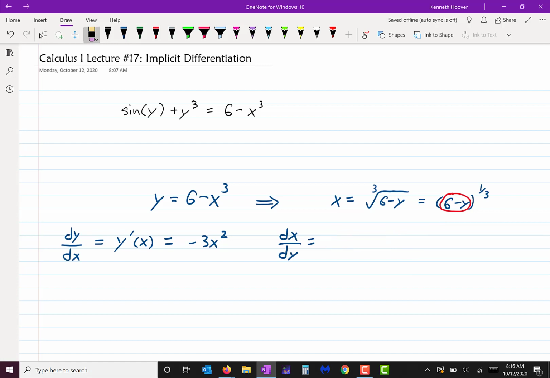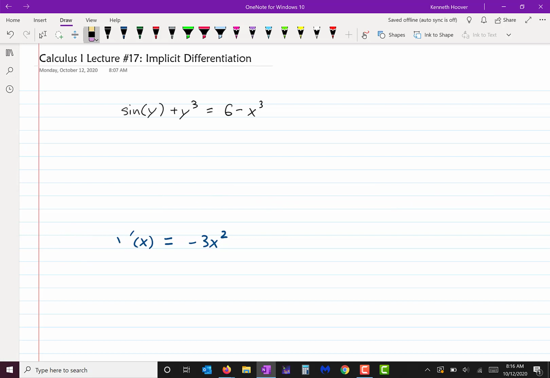So suppose I asked you to find the derivative of y with respect to x. Based upon what we've learned so far, you would first have to solve for y, and then two, find the derivative.